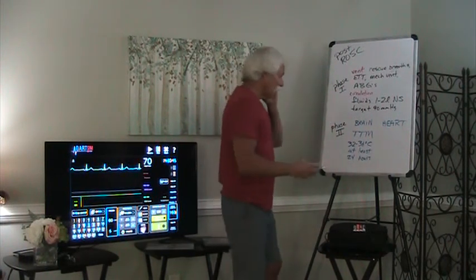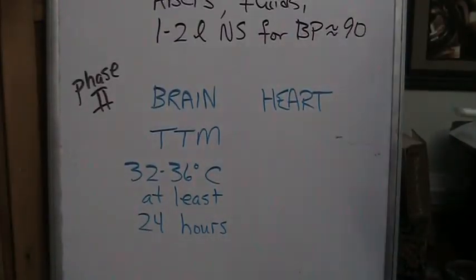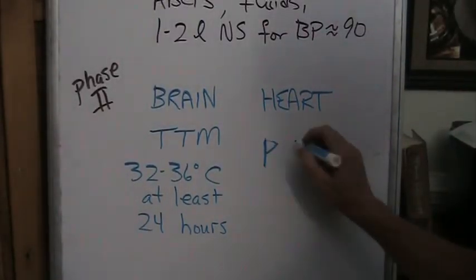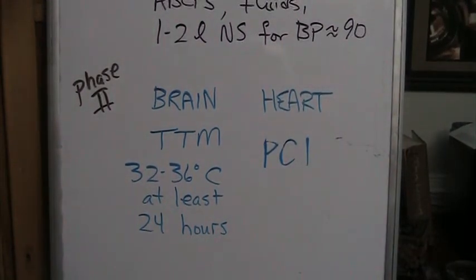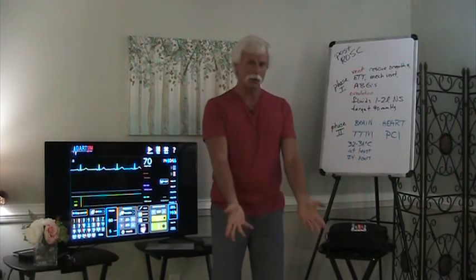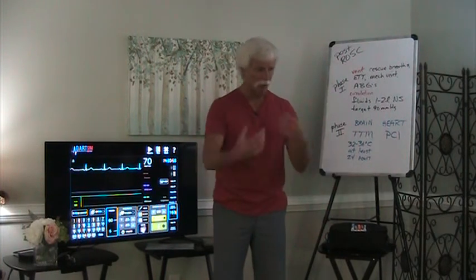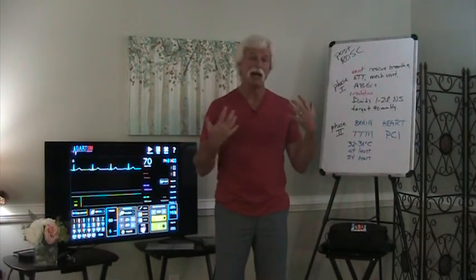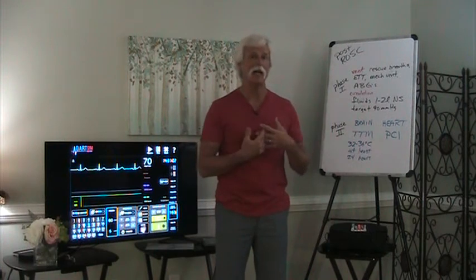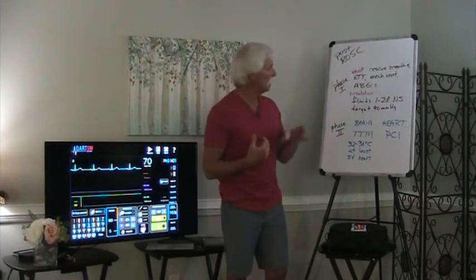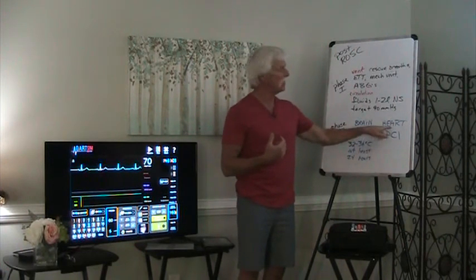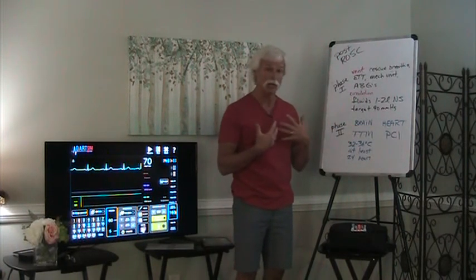Now the heart. The patient who's been newly resuscitated from cardiac arrest should be considered a candidate for the cath lab, PCI. If I come into your emergency room and I'm having a heart attack and I keel over in cardiac arrest and you do what you're supposed to do and you resuscitate me, I'm still having that heart attack. I need to go to the cath lab immediately. The indication to send them to PCI is the fact that you think their cardiac arrest was cardiogenic.